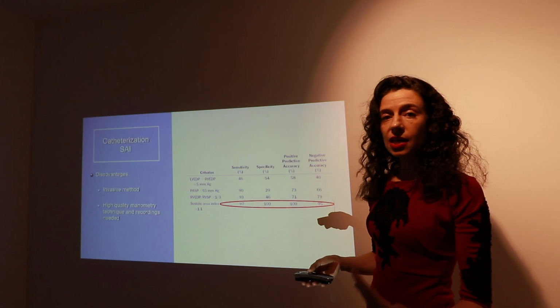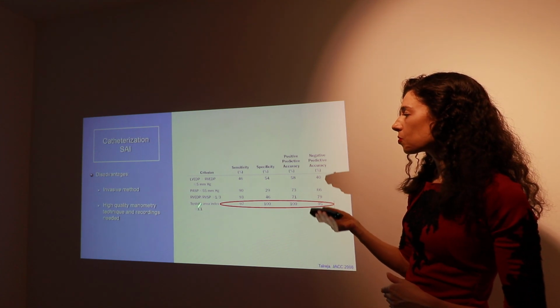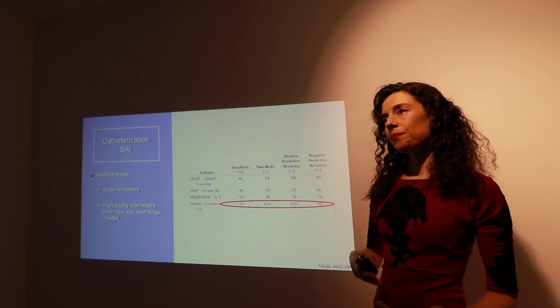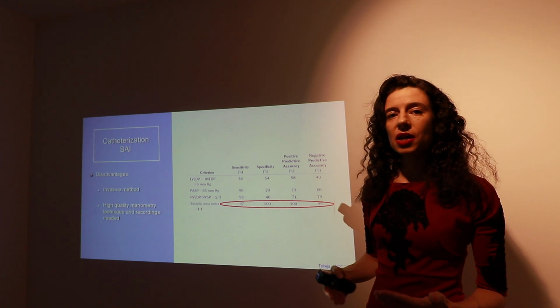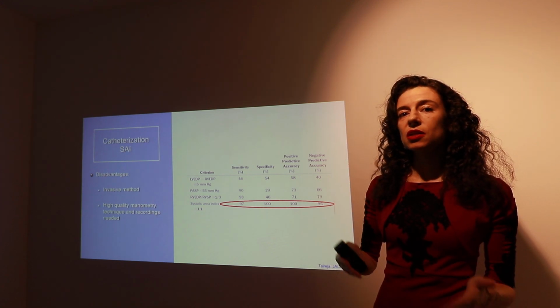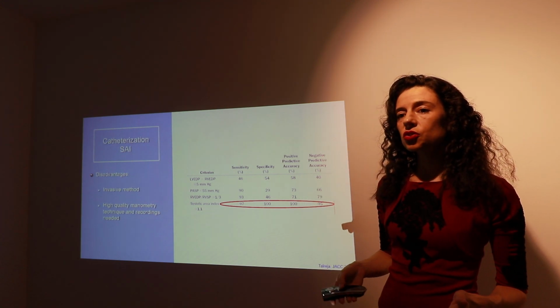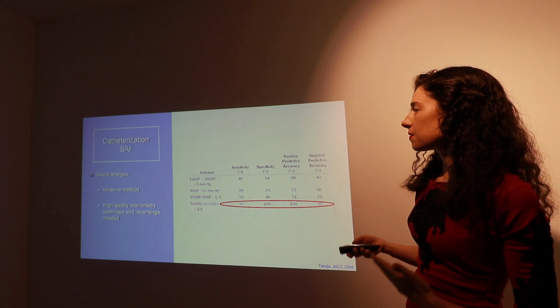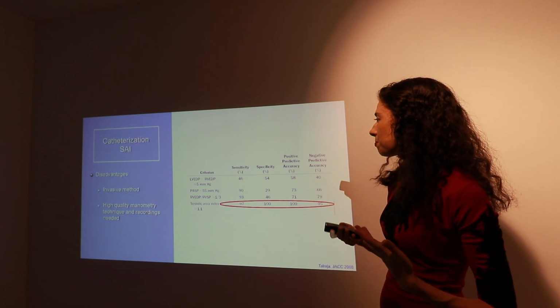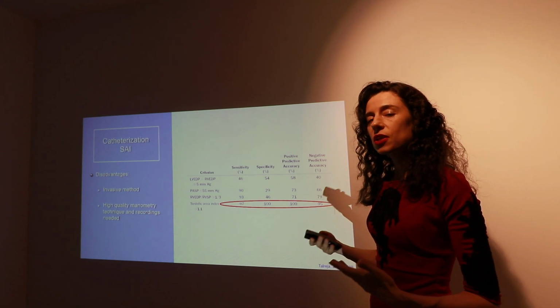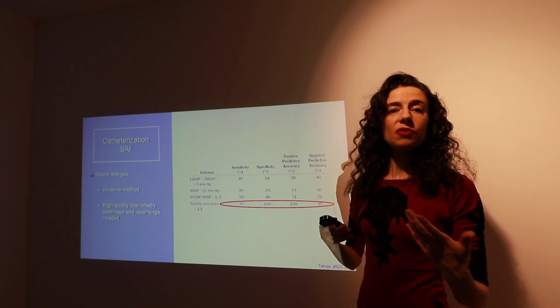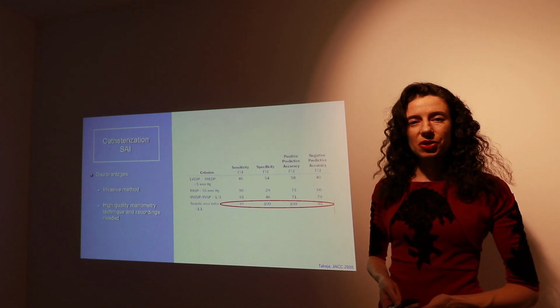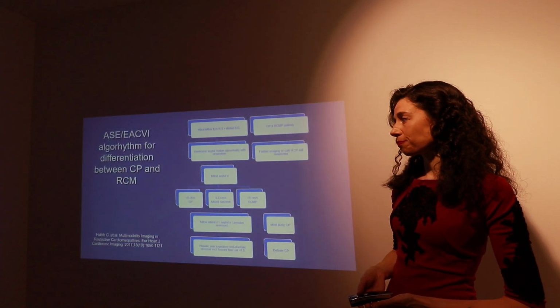So by including the SAI index in this algorithm for invasive evaluation and differentiation between constriction and restriction, we reach much higher indices of sensitivity, specificity, and positive and negative predictive values for the differentiation between constriction and restriction.